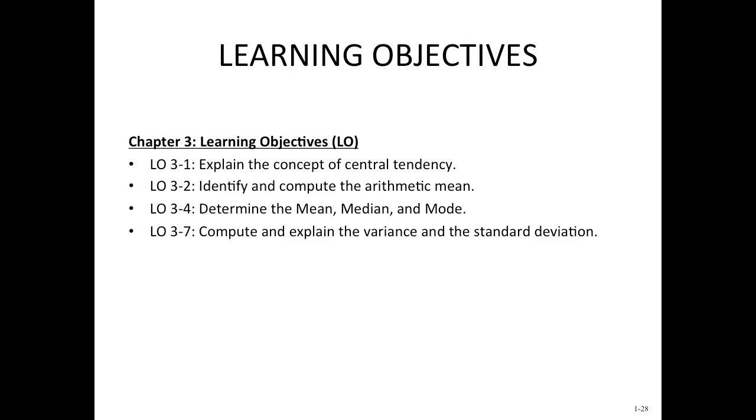Chapter 3, you need to be able to explain the concept of central tendency, identify and compute the mean, determine the mean, median, mode, as well as computing a weighted mean, and compute and explain the variance and standard deviation.